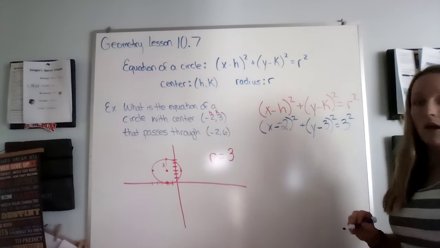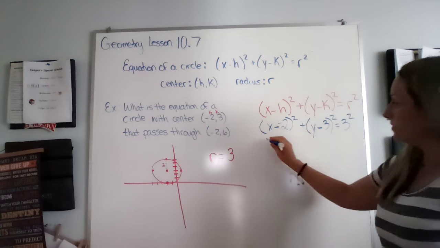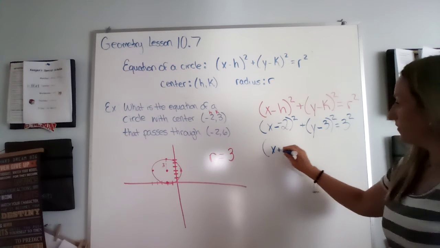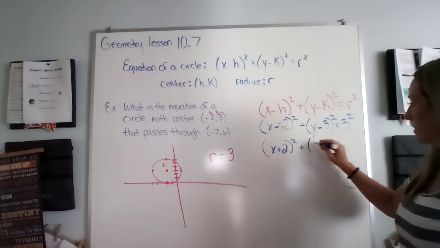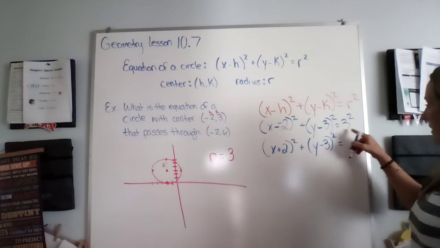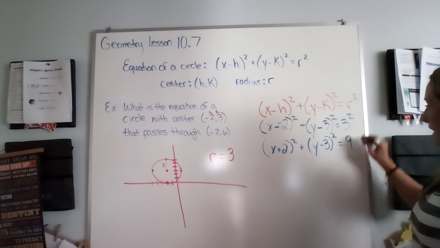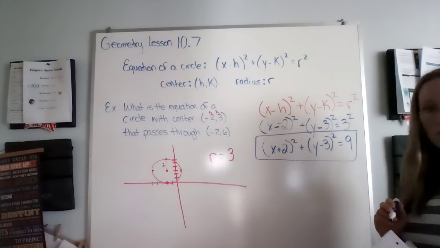Okay? All right, so then from there, I'm going to clean up the signs. Minus a negative is going to turn that into a positive 2. This stays as a -3 squared. And then 3 squared, I'm going to simplify to 9. And that is the equation of your circle.